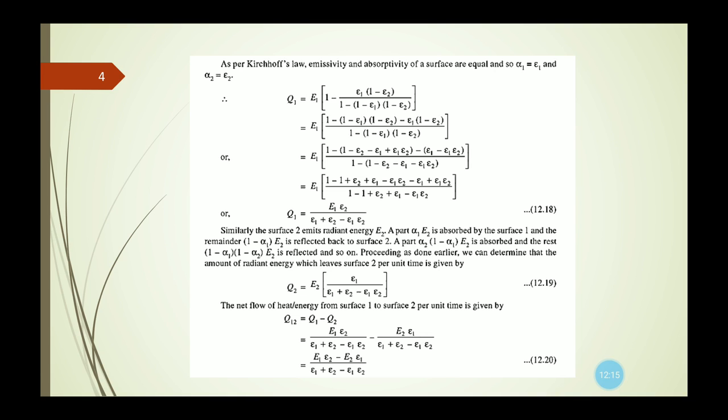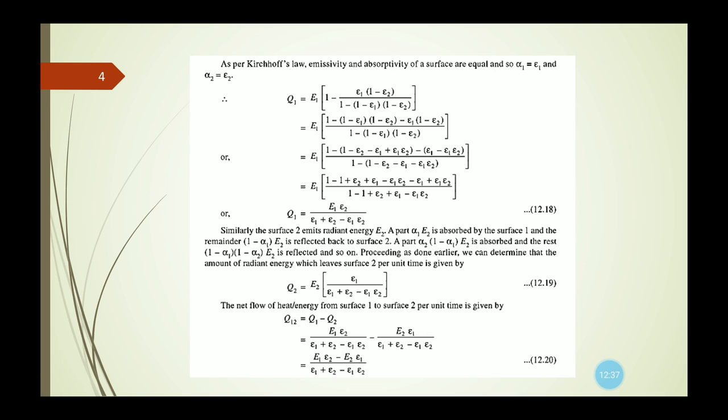Now what will be the net flow of energy from surface 1 to surface 2 per unit time? To determine the net flow for these two infinite parallel planes, the net flow will be Q1 minus Q2.